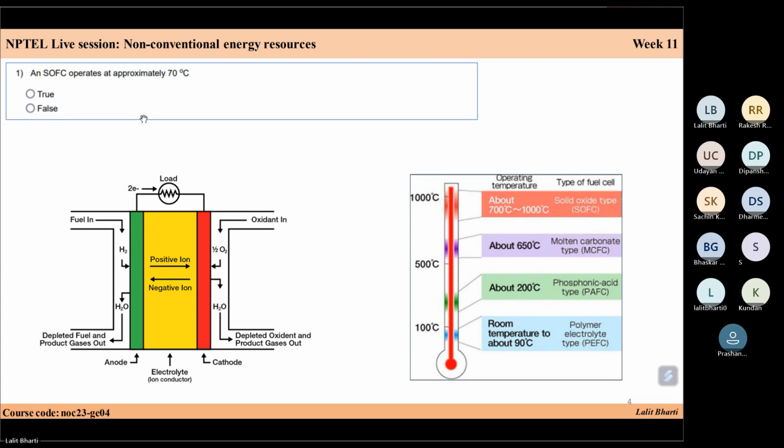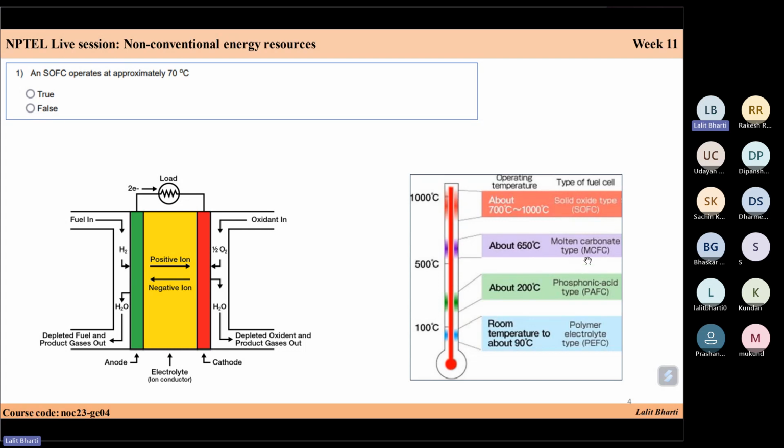The main issue with these fuel cells is that they operate at slightly higher temperatures, which may go up to 1000 degrees Celsius, because you need certain temperatures to perform this reaction. These are the different types of fuel cells and the temperature ranges they require. Solid oxide fuel cells require around 700 to 1000 degrees Celsius to operate.